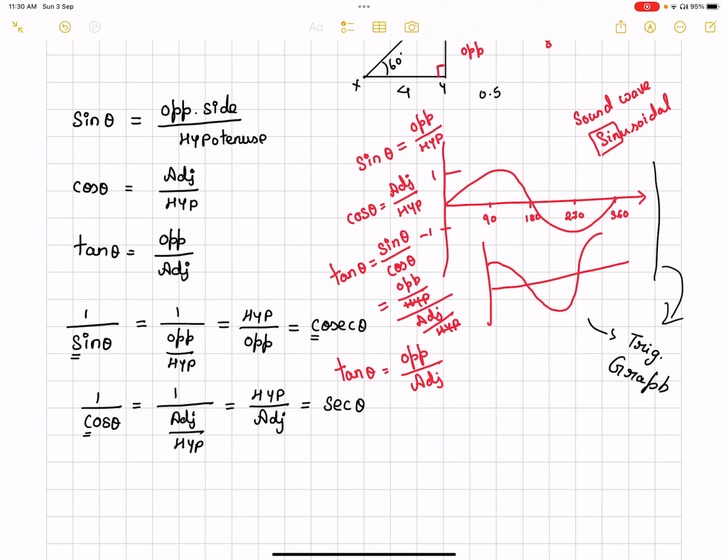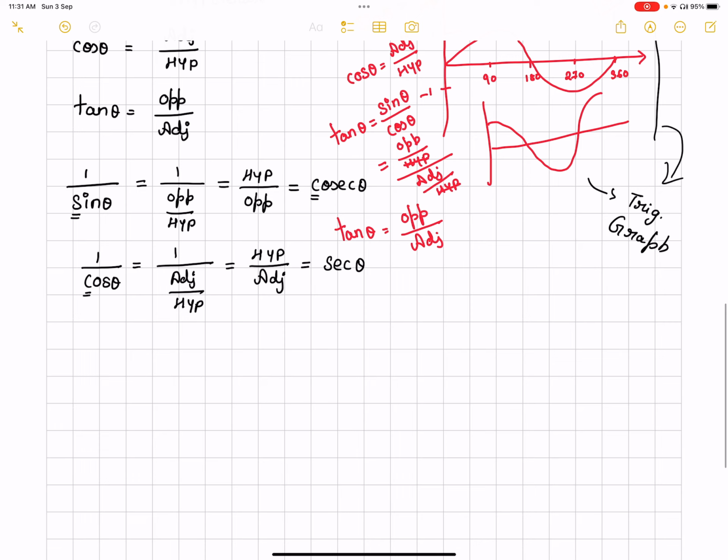So whenever you speak about the reciprocal of sine, don't get confused between cosecant and secant. Sine starts with S, so the reciprocal of sine starts with C, that is cosecant. And cos starts with C, so the reciprocal of cos starts with S, secant.